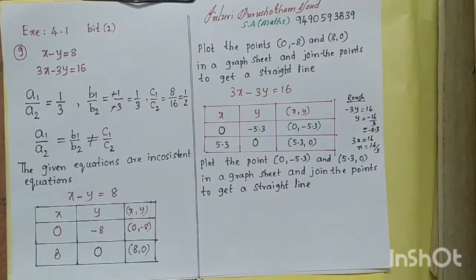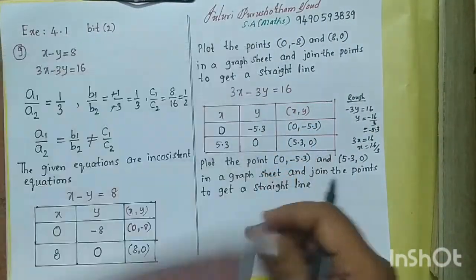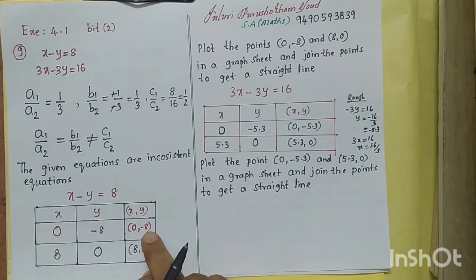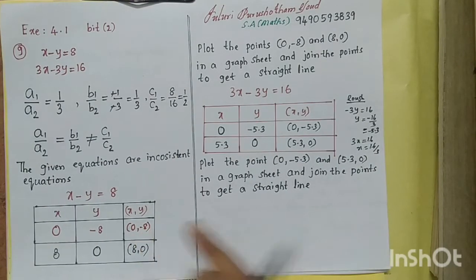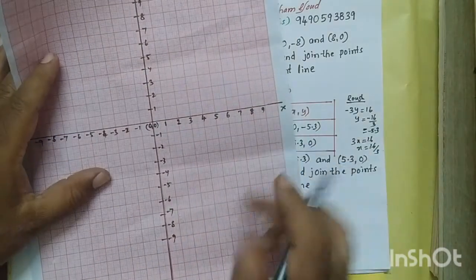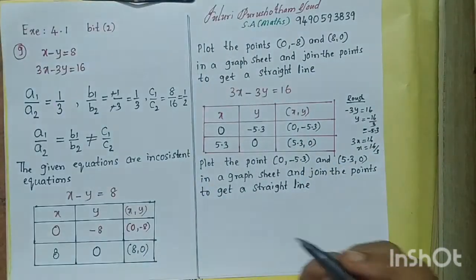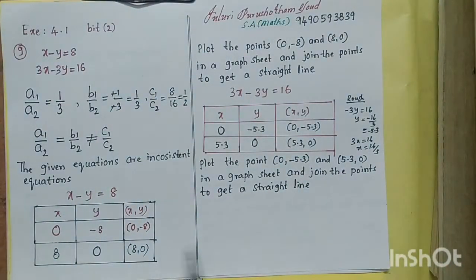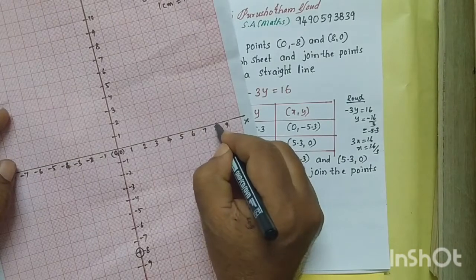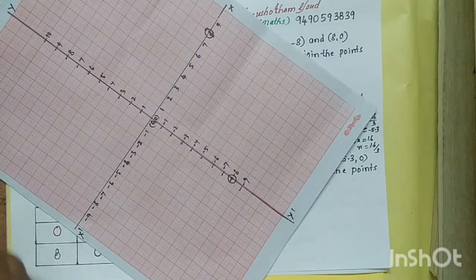Okay children, now I am going to plot the points. First 0 comma minus 8: the x is 0, so we get it on the y-axis at minus 8. Next 8 comma 0, positive 8 on the x-axis, and join the points.